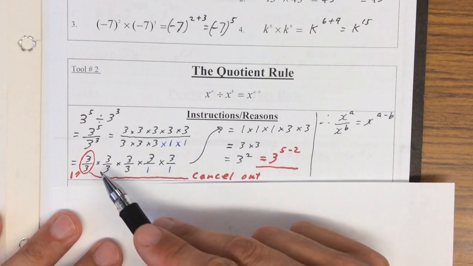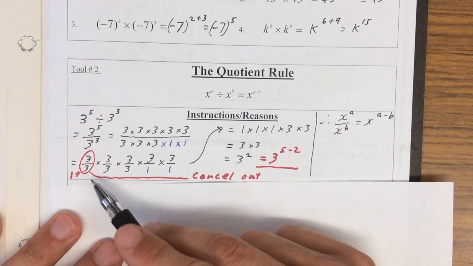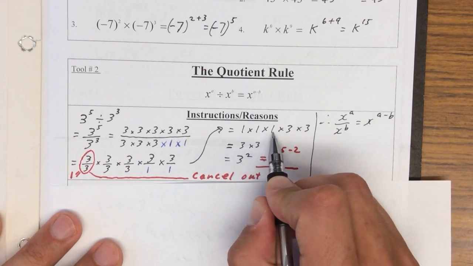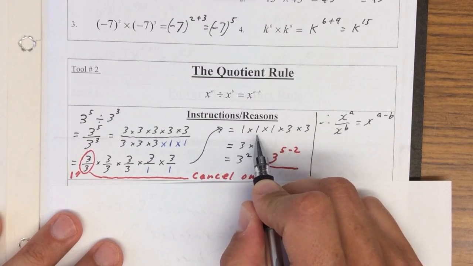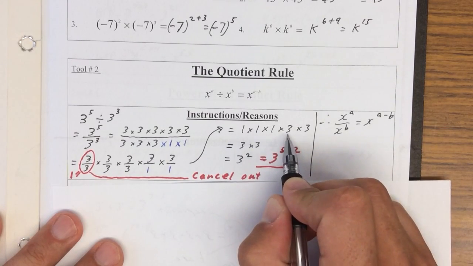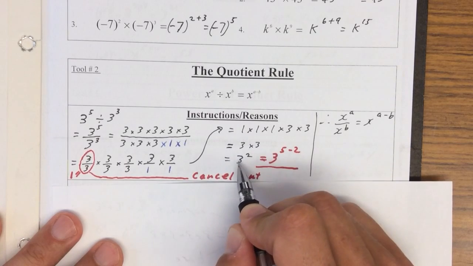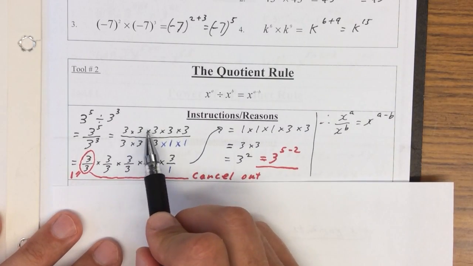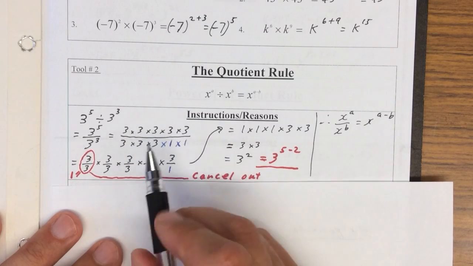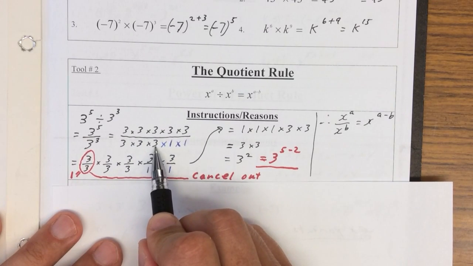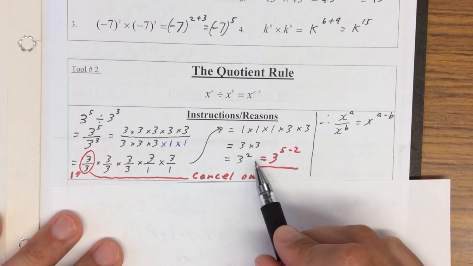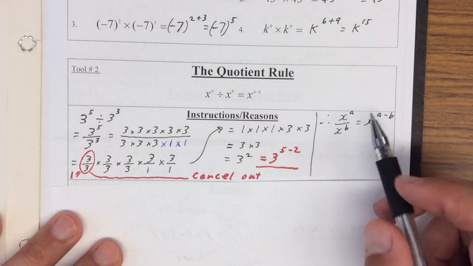Now, the 3 over 3's all equal 1. We say that the 3's cancel out. So you've got 1 times 1 times 1, which doesn't do anything, get rid of them. And then you're left with 3 times 3, which is 3 to the 2. Basically what you're doing is taking the number of 3's on the top and subtracting the number of 3's on the bottom. So you've got 3 to the 5 minus 2, which equals 3 to the 2.